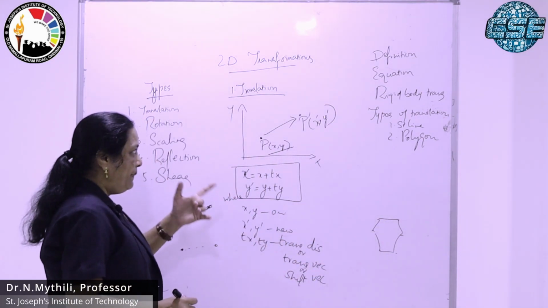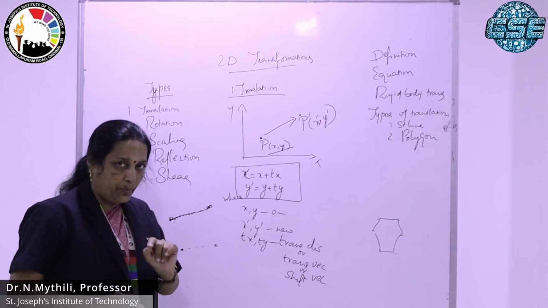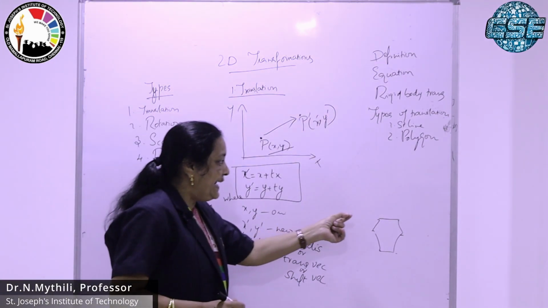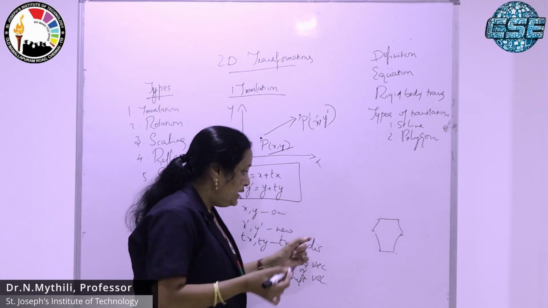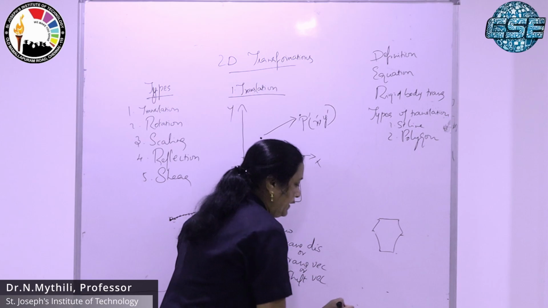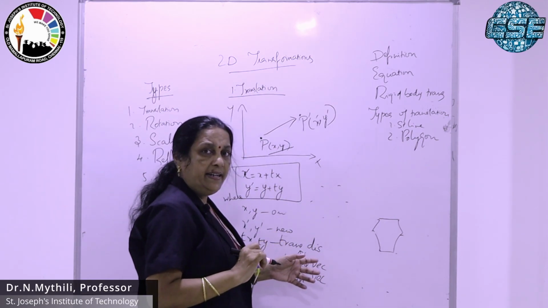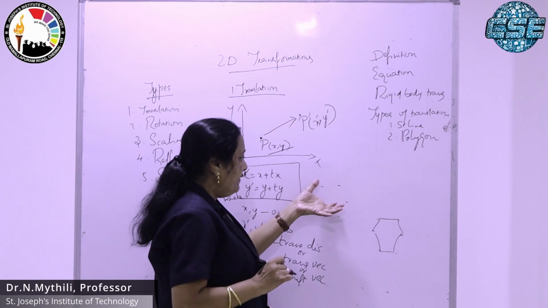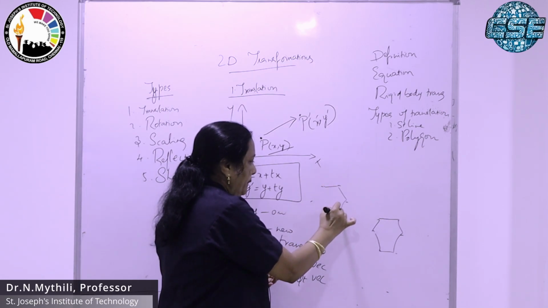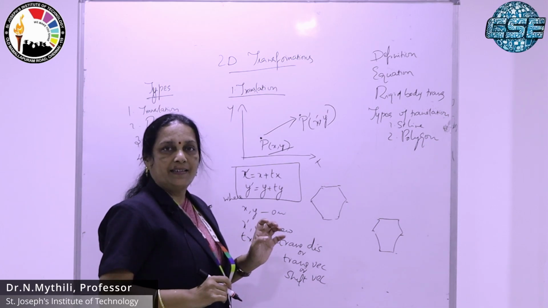So when you apply translation to a polygon, we can apply the translation equation only to the end vertices of the polygon, so that we will have new end vertices, and we will have the new polygon reconstructed between the new end vertices.